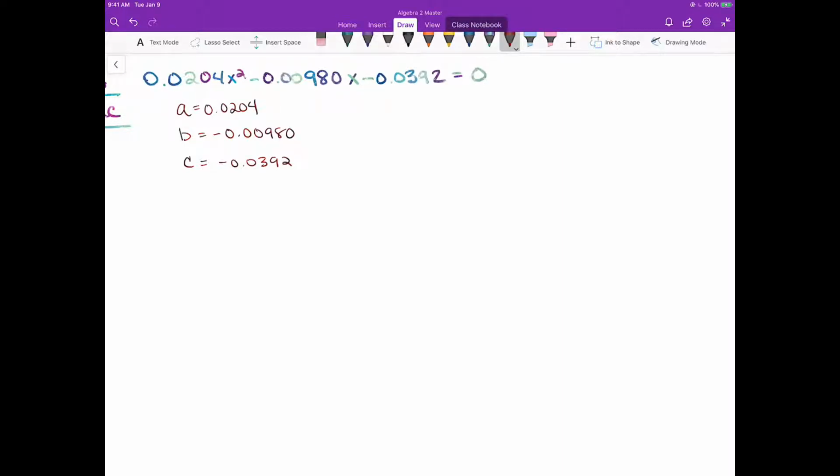And that is how I would solve it, by putting it into the quadratic formula, plus or minus the square root of b squared minus 4ac over 2a. And if we've got a negative b, it would turn positive.